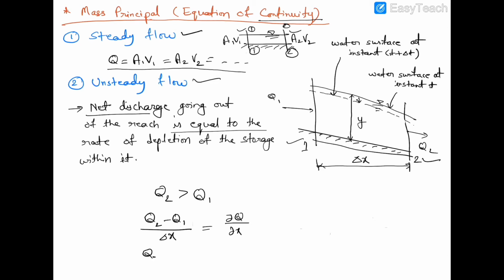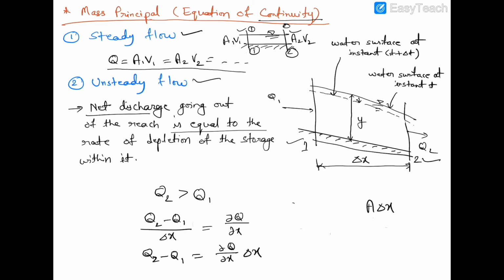So the net discharge going out of the reach, that is Q2 minus Q1, is dou Q upon dou x into delta x. Now the storage volume within the reach, meaning the volume between section 1 and 2, we can express by A into delta x.